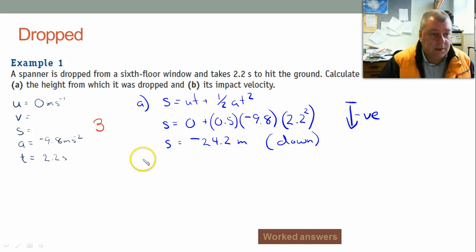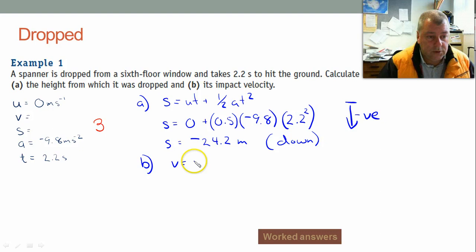Next one, it's impact velocity, which is just a technical way of saying its final velocity. And so we could use v equals u plus at. We've actually got 4 things now that we put s there, so we could do it a variety of ways.